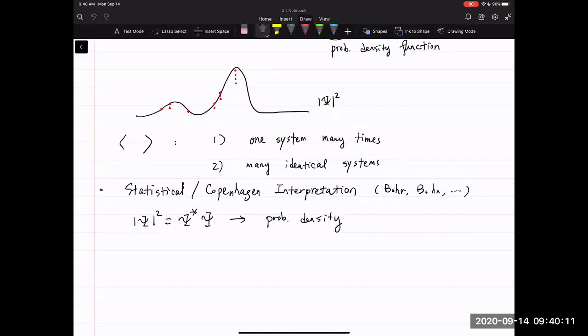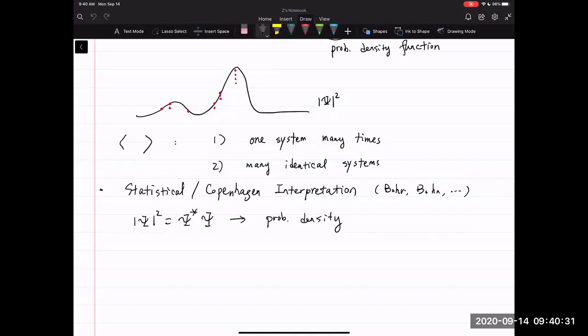He didn't think the wave function he formulated only gives probability. So if you find this interpretation of the wave function squared as a probability strange, you're not alone. Schrödinger himself didn't agree with it.